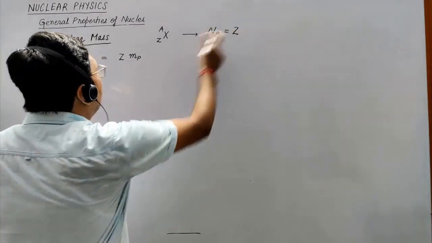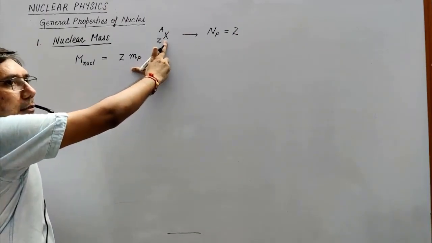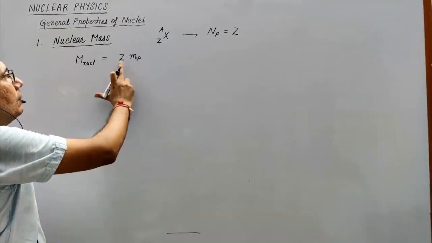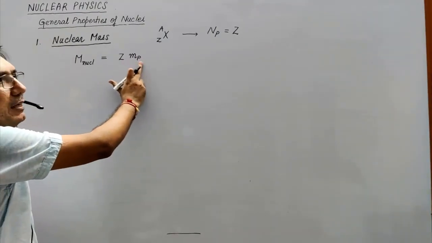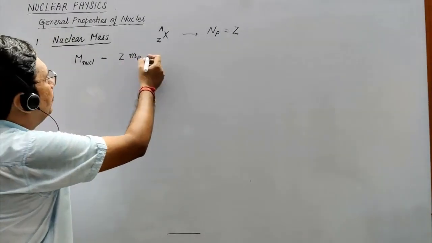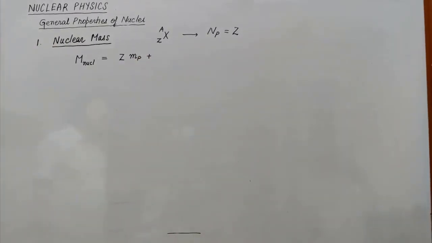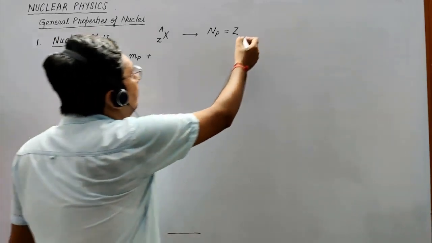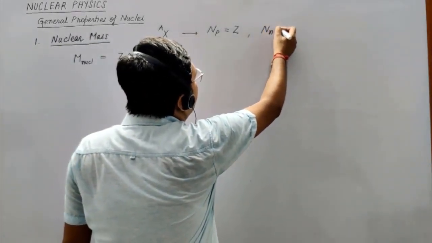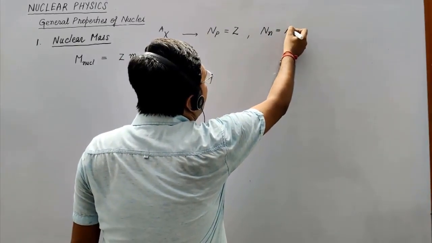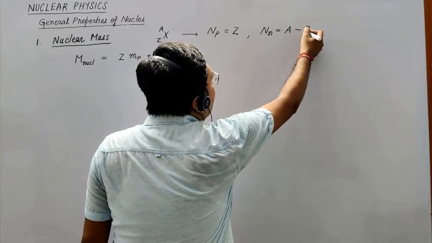So Z times the mass of the proton, because the number of protons inside the nuclei is Z. So I have multiplied this Z number with Mp, the mass of one proton, plus how many neutrons are there inside the nuclei? The number of neutrons will be Nn, and Nn will be equal to A minus Z.